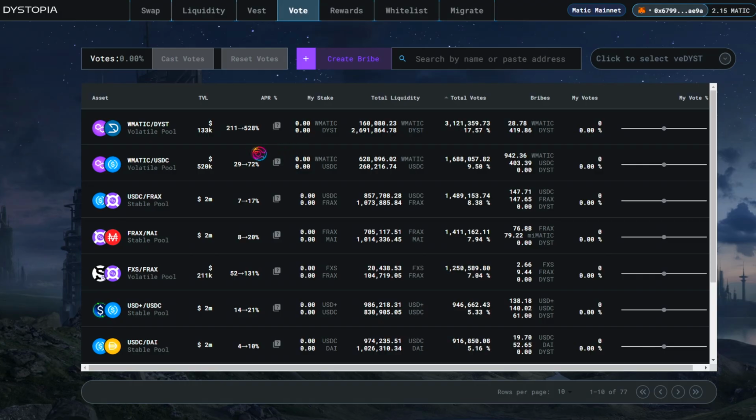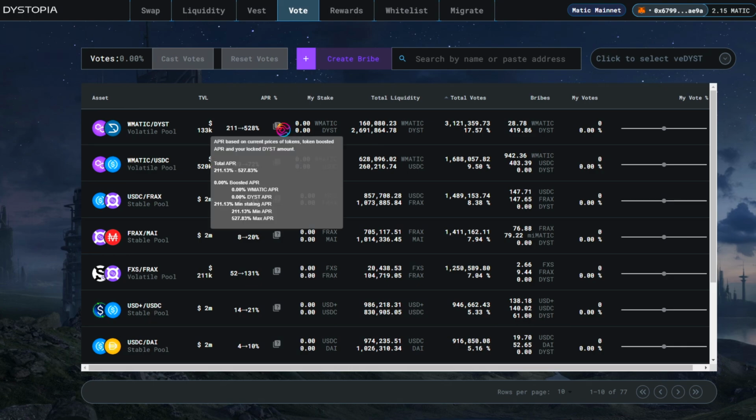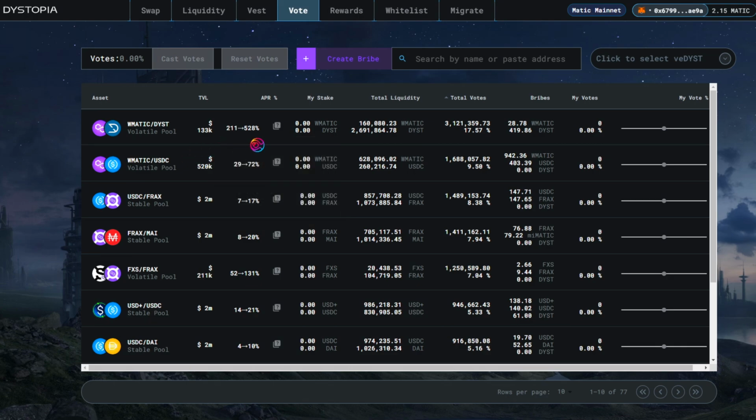Dystopia provides a range of APR or yield for staked LPs. That APR range is variable and depends on the current prices of the tokens, the token boosted APR, and your total locked DYST amount. For that reason, if you stake your LP into Dystopia, most likely you will not receive the maximum APR unless you have a significant portfolio of locked DYST.